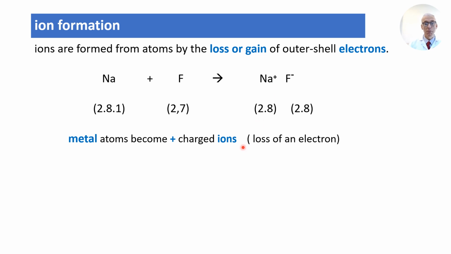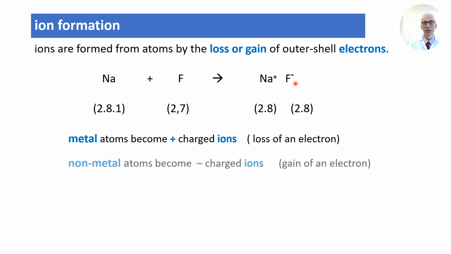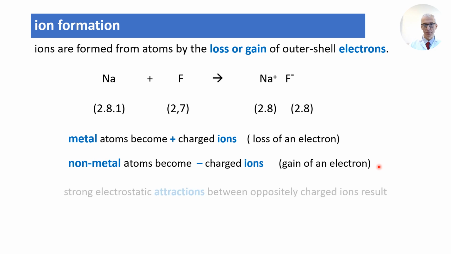Metal atoms become positively charged ions because of the loss of an electron, whereas fluorine was 2,7 in the outer shell, and has now gained an electron to form 2,8, and is therefore negatively charged. Non-metal atoms become negatively charged ions through the gain of an electron or electrons.